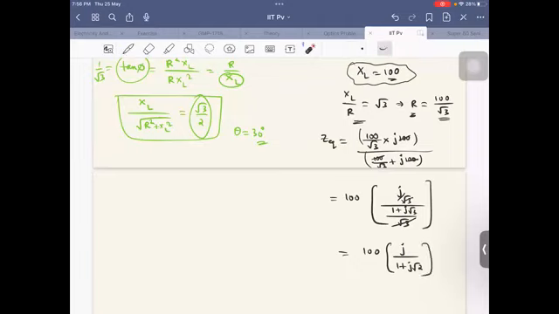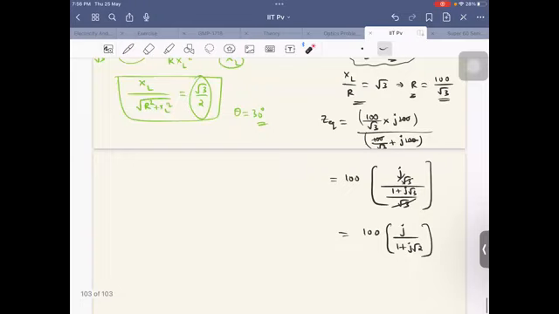The mod of Z1 by Z2 means mod Z1 by mod Z2 we can take, right? Correct, no? So actually you have to find the magnitude of this one. Is this property there? Mod of Z1 by Z2 is mod Z1 by mod Z2.